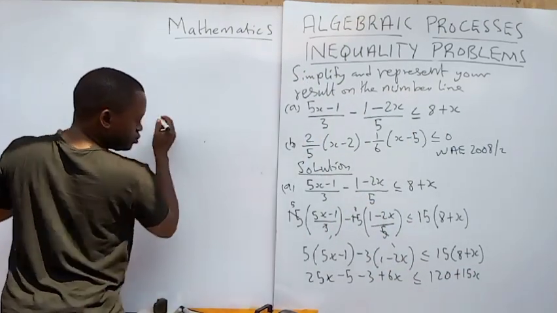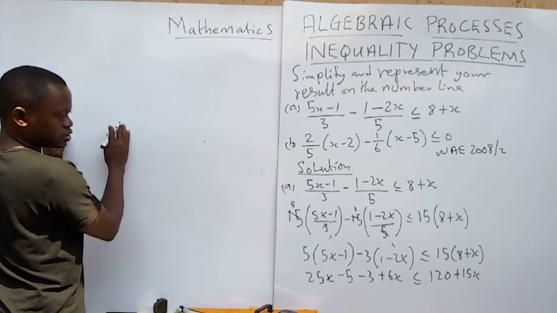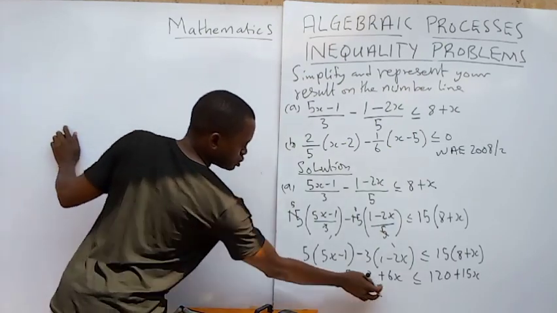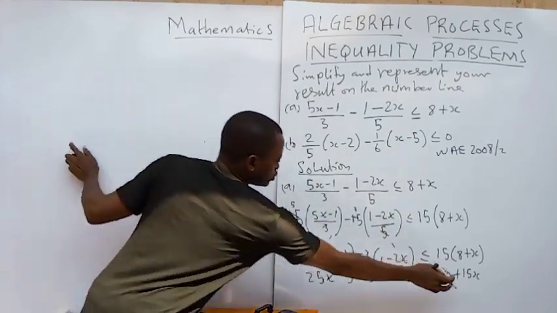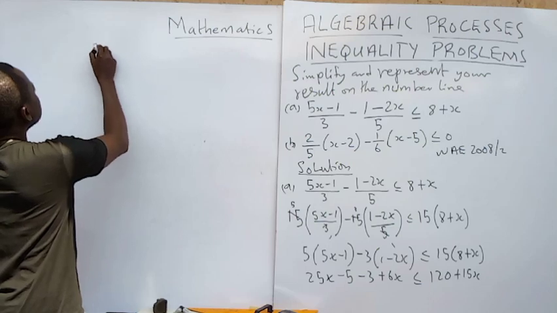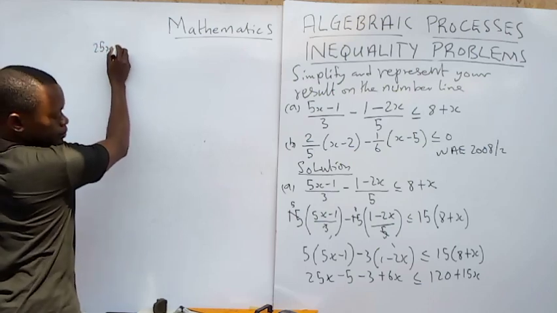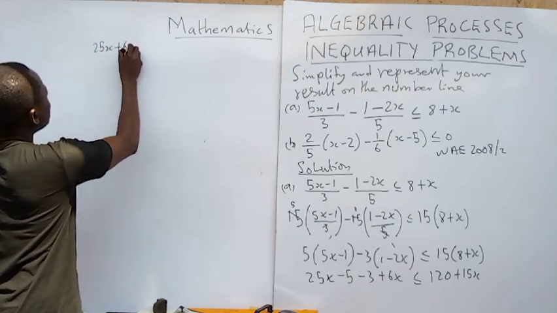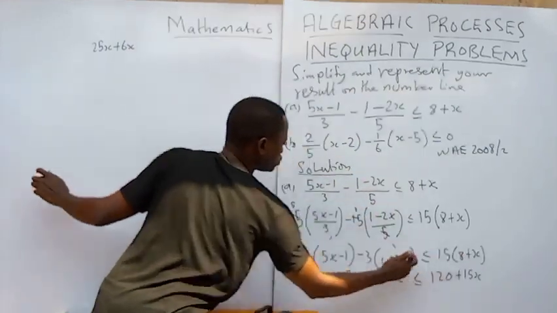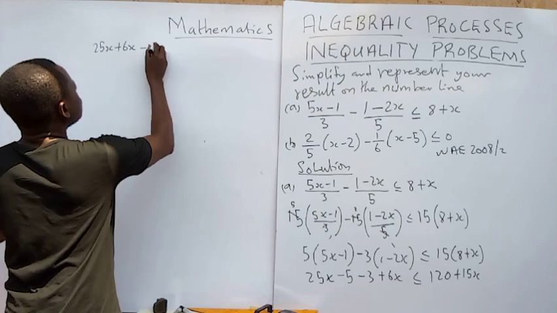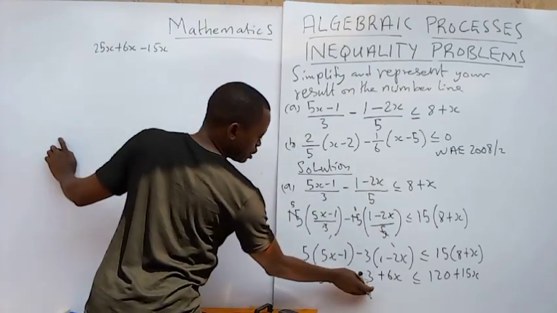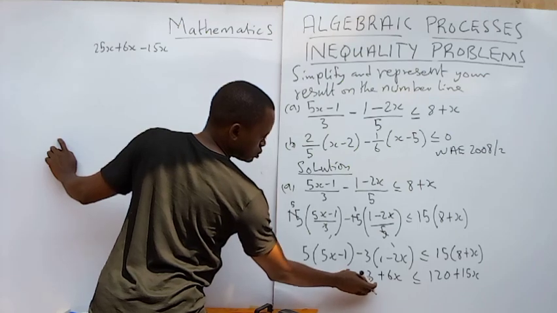Okay, so you can see at this moment we can collect the like terms. This is 25x, this is 6x, and this is 15x. I can bring them together. So I have 25x plus 6x. Remember, the other 15x is coming from the other side, so it will become minus 15x. Then here I have minus 5 minus 3, which is minus 8.